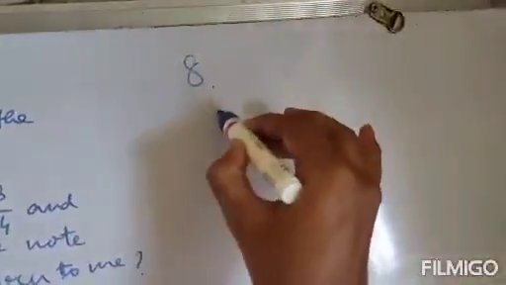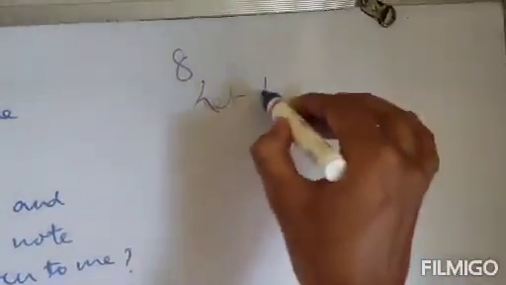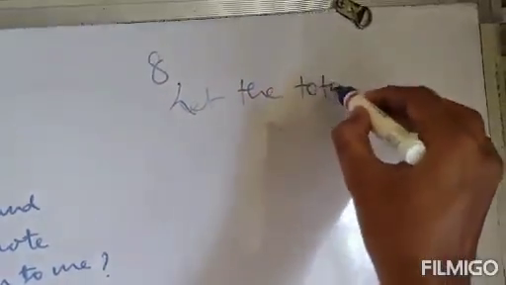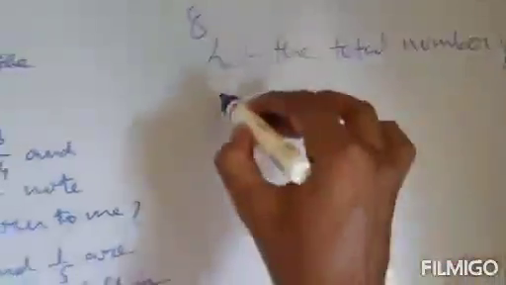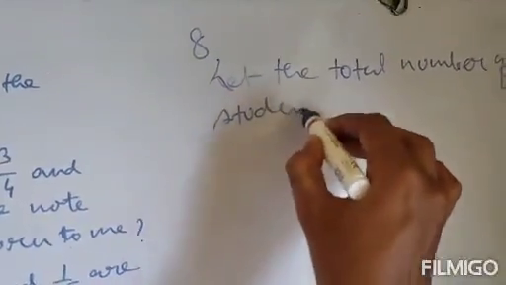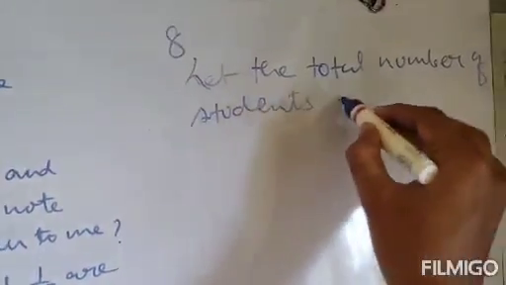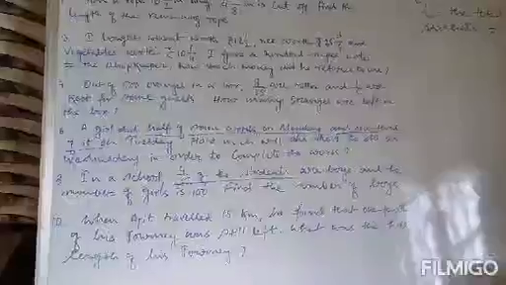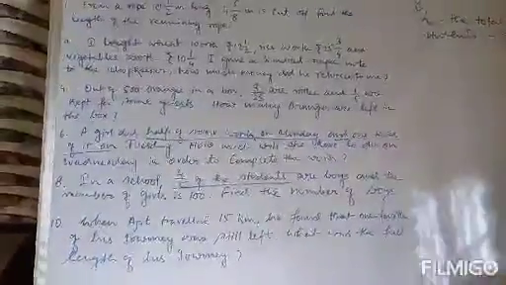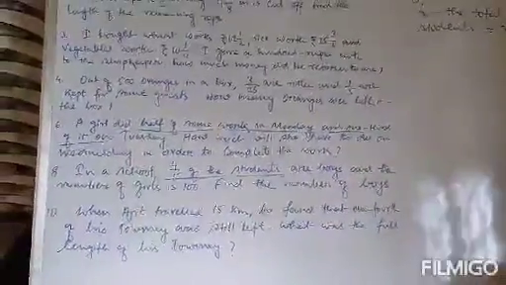So just write first, let the total number of students equal to x. So out of x, 4 by 5 of them are boys. That means 4 by 5 of x will be the boys.